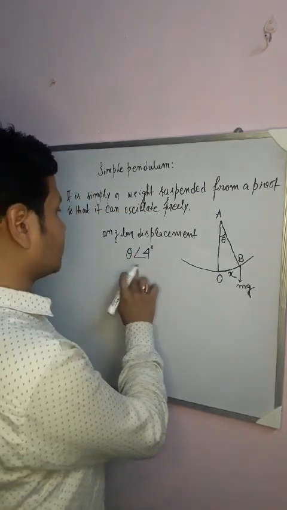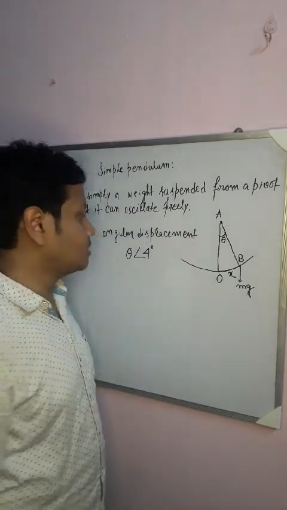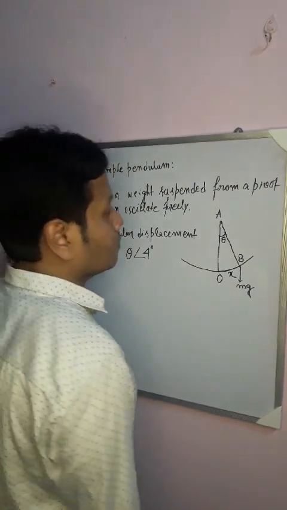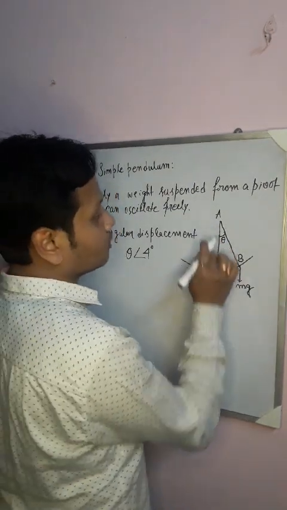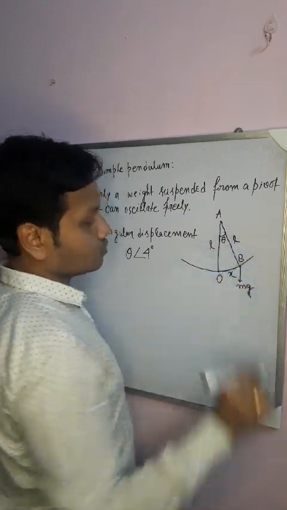This approximation we have to use. Since this is very small, this and this are the same, so if the length of the pendulum is L, this is also L.